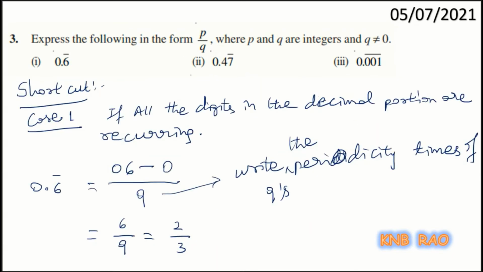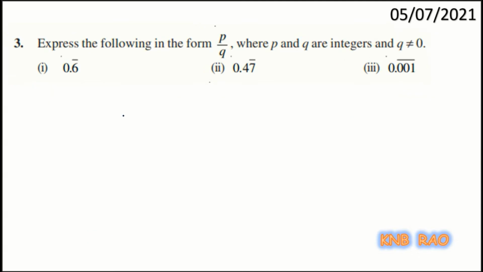Now, same in the case of this 0.001 bar: we write the whole number as it is, minus the digits not repeating, this 0 is not repeating, upon how many digits are repeating, or periodicity is 3.